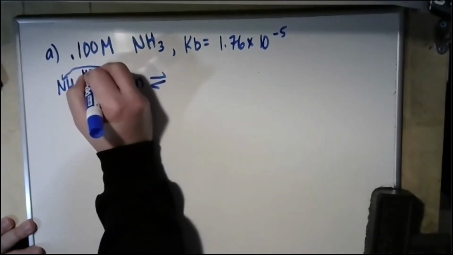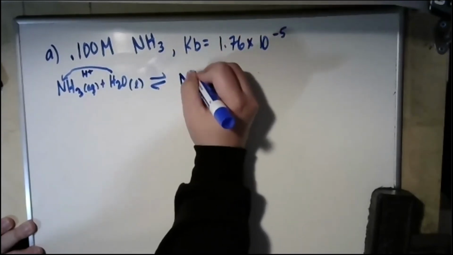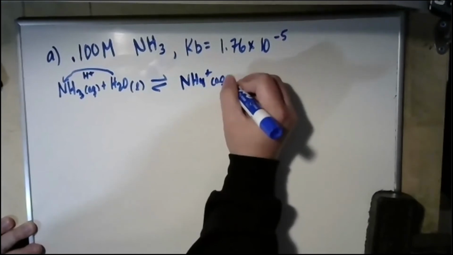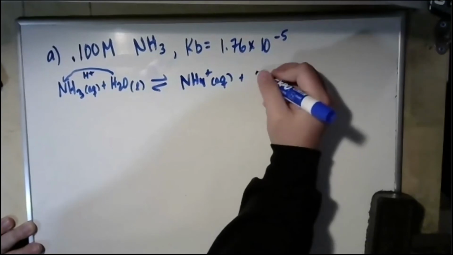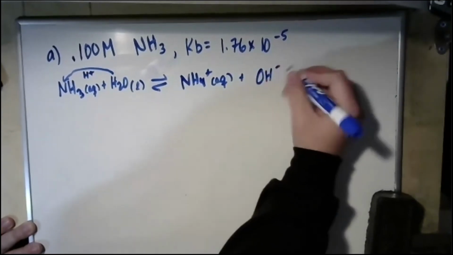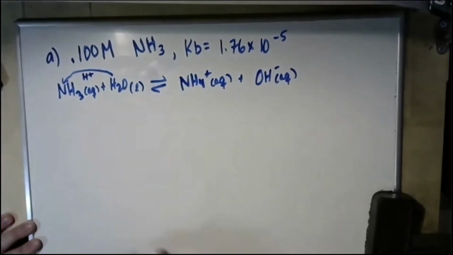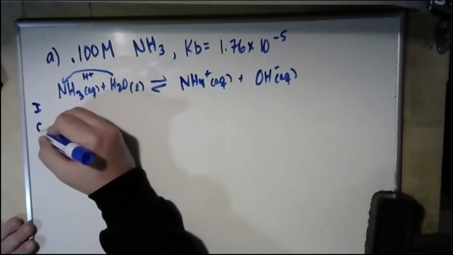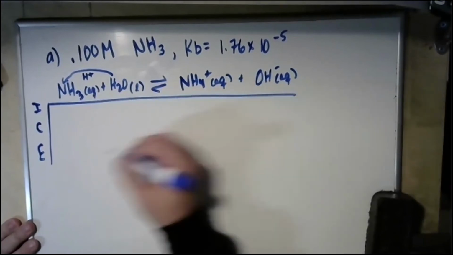A proton is going to move over, and it's going to form NH4 plus. And when the proton moves over, it's going to leave behind a hydroxide ion. So we can start formatting our ice table from this reaction.